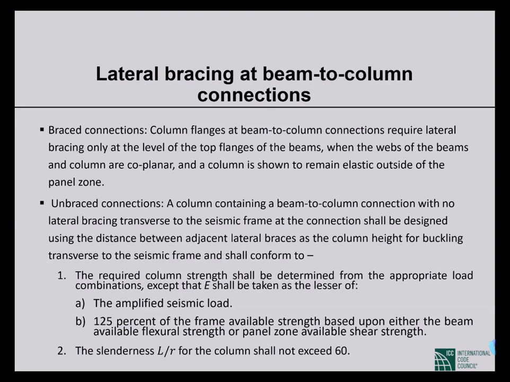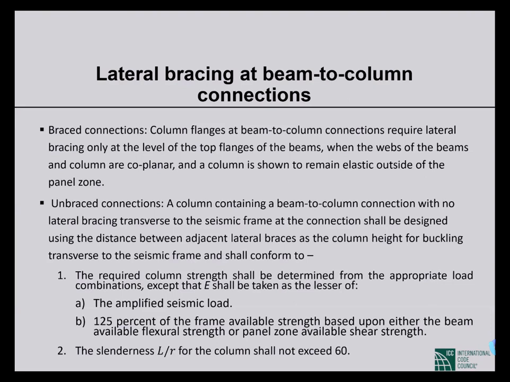The required column strength shall be determined from the appropriate load combinations, except that E shall be taken as the lesser of the amplified seismic load or 125% of the frame available strength based upon either the beam available flexural strength or panel zone available shear strength. This is interesting.